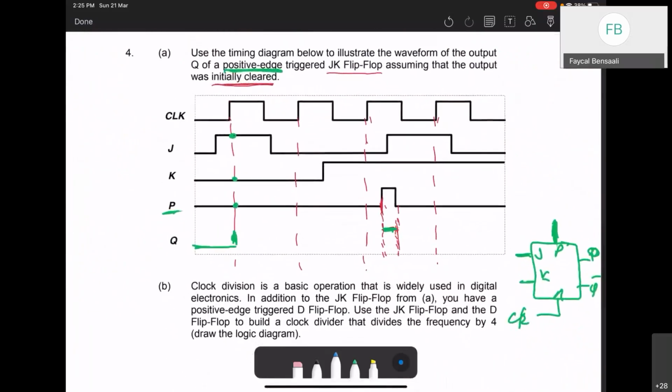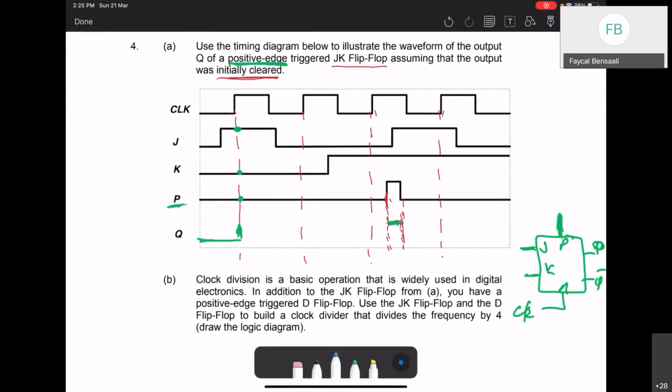So back to this one. As we said, it's a JK flip-flop which has a preset. A preset forces the output to 1, regardless of the value of J and K or the clock, rising edge or falling edge, we don't care. Whenever there is a preset, it goes to 1. So we start with 0, and then here we have J is 0, K is 0, which is a reset.